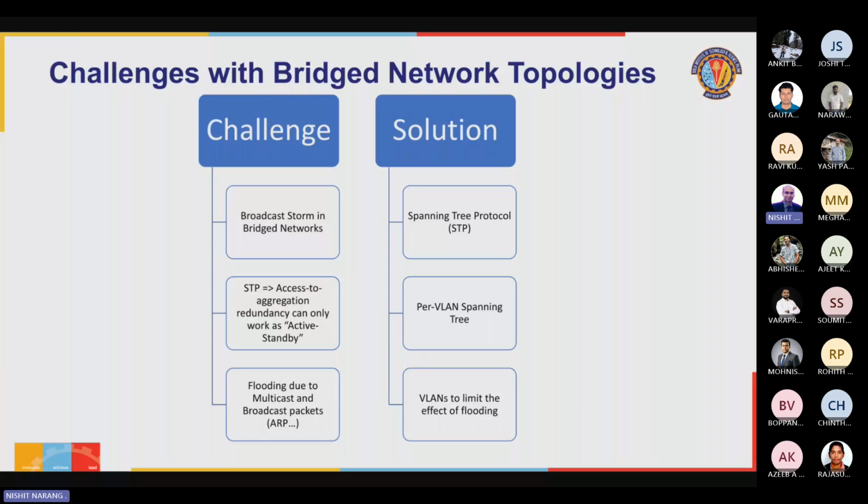I mentioned that the issue with larger layer 2 networks is that the broadcast traffic starts to grow. When you have multiple departments, computer science, electrical engineering, core engineering, management, and so on. As the layer 2 network grows, the broadcast traffic starts to create what we call a broadcast storm.